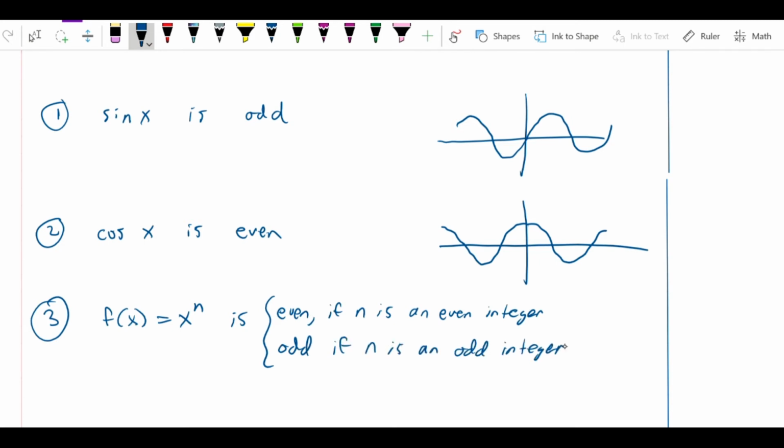Third, f of x equals x to the n is even or odd depending on whether its exponent is an even integer or an odd integer. In fact, that's where the terms even and odd come from. So for example, f of x equals x squared is an even function, f of x equals x cubed is an odd function.